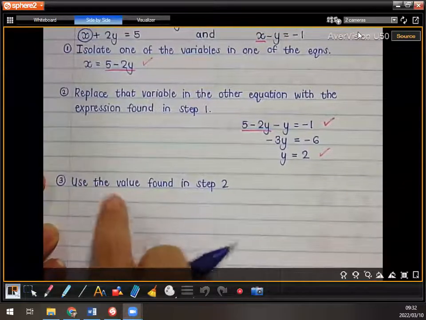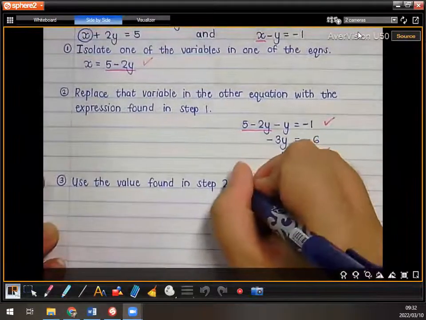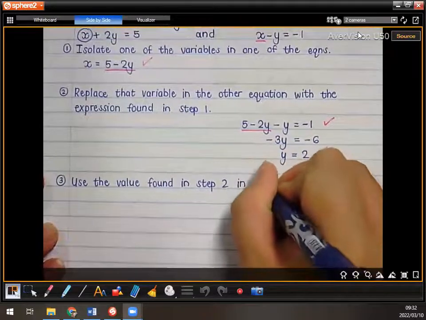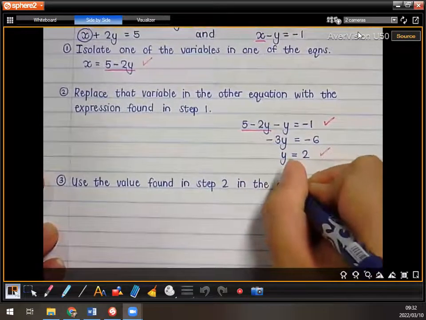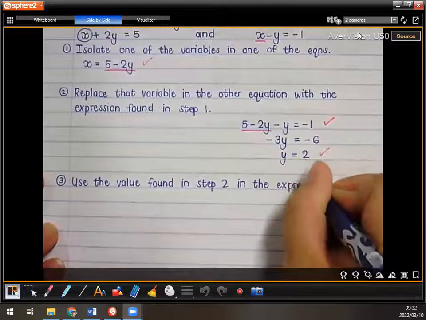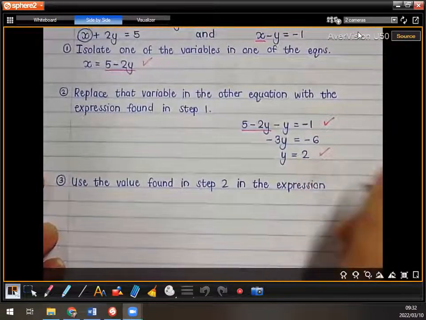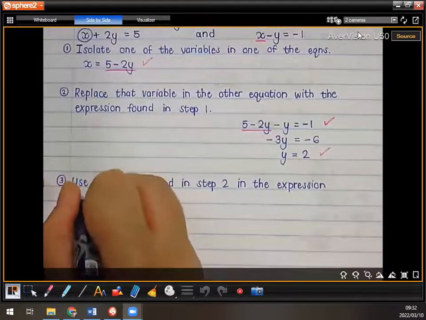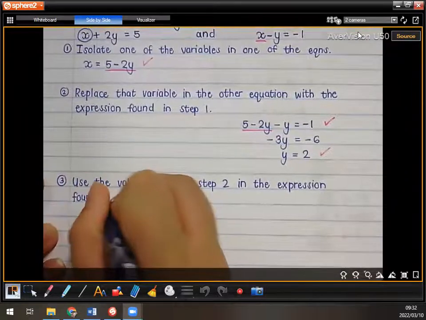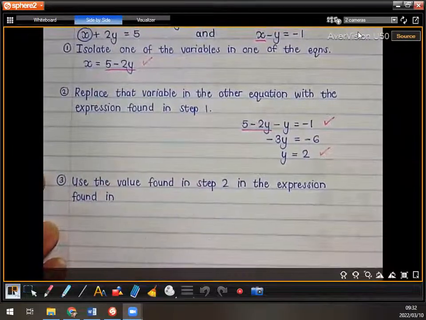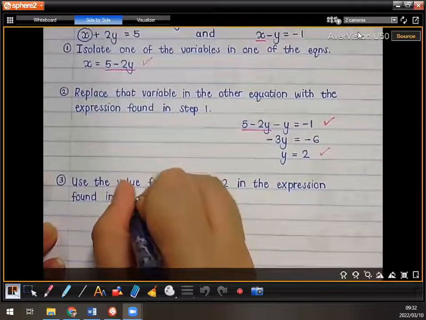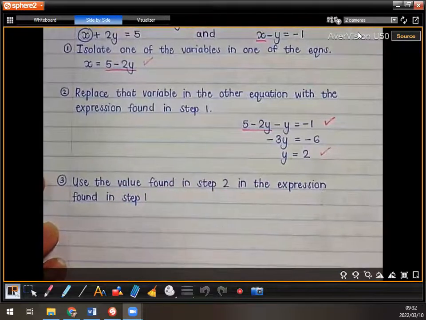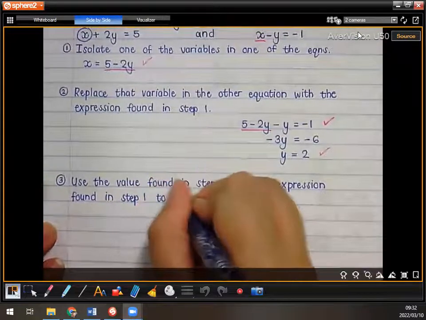Okay, so use the value found in step 2 in the expression found in step 1 to calculate the other variable. Sorry, it is very wordy. I don't really know how to explain it in a shorter way.